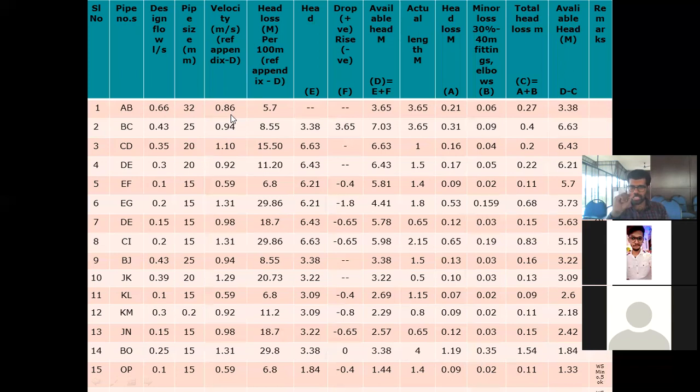There will be some minute changes, not a very large change, but let's see. How did you get 0.8? We got 0.8 by a chart. We have used Hazen-Williamson in a chart.